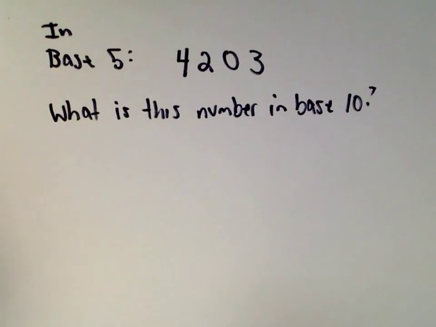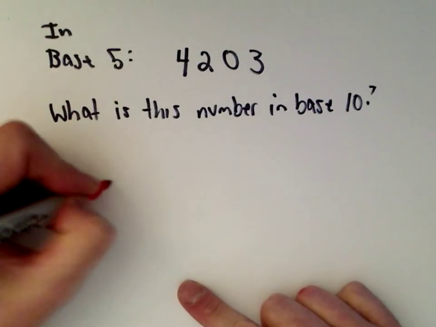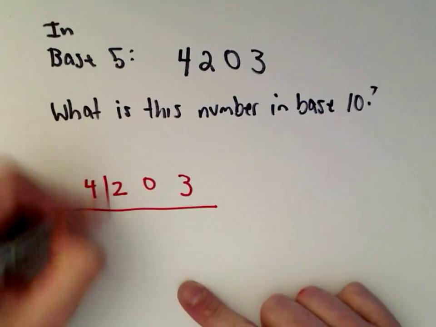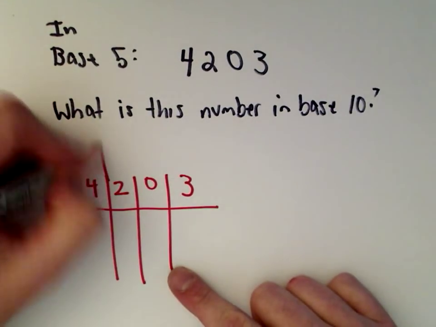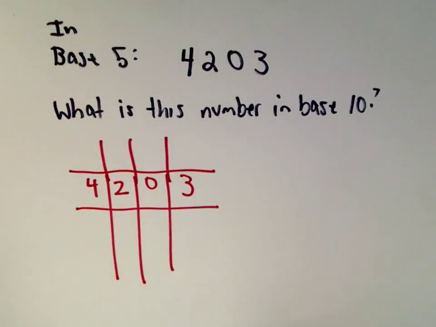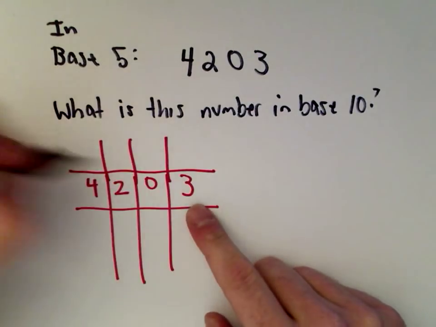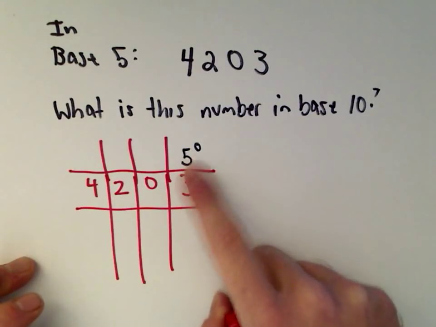Well, again, it's just going to be the same thing. I'm just going to do this little column trick that I did. So we've got 4, 2, 0, and 3. Let's see. So I think I was putting my bases above the numbers. Okay, so here it is in base 5. So again, this first digit on the very right, that's going to represent our ones place, the 5 to the 0 power.